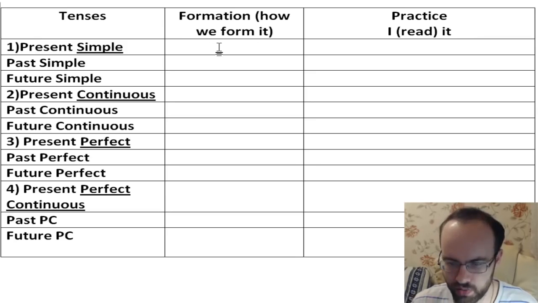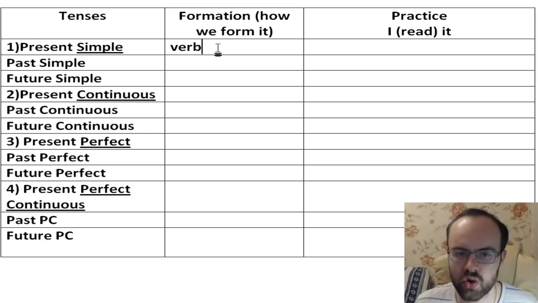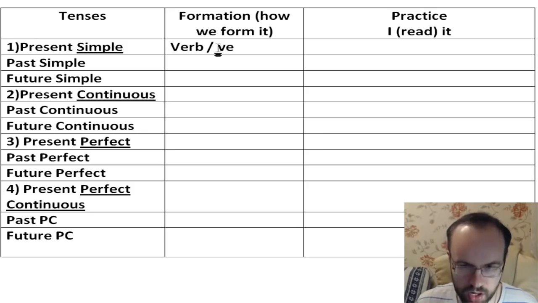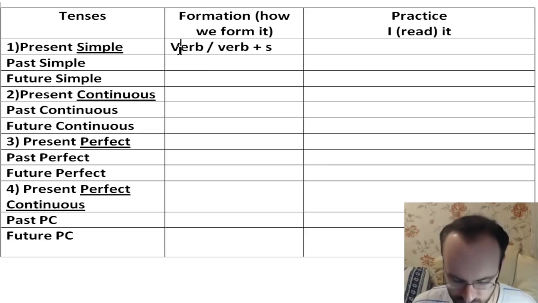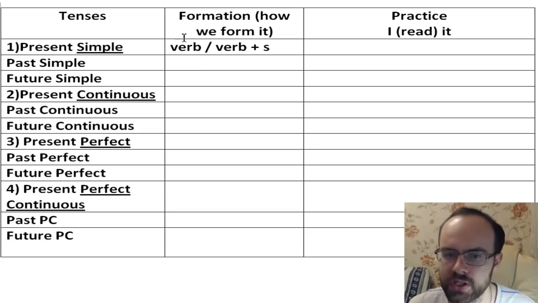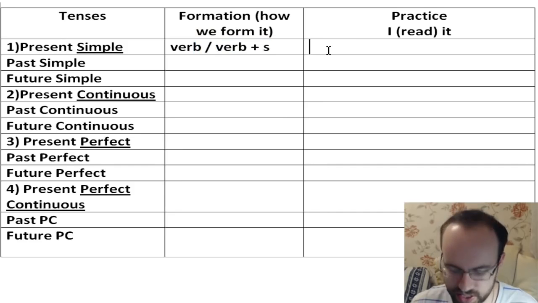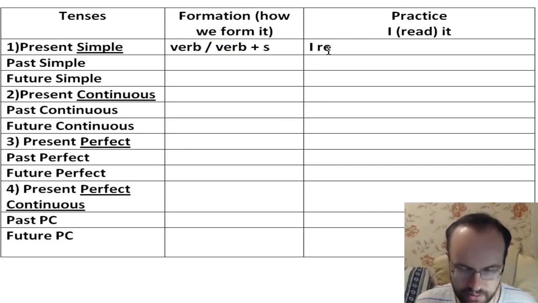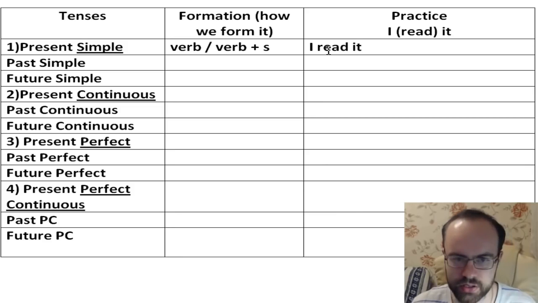We form it this way: verb or verb plus s, verb plus s if it's he, she, it. We don't have he or she, so we say I read it.